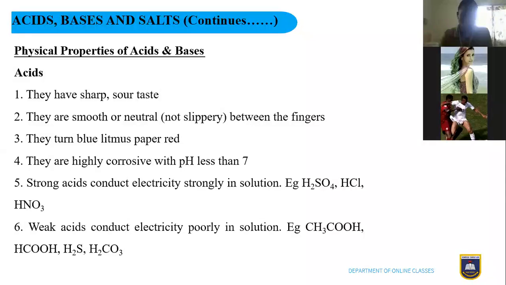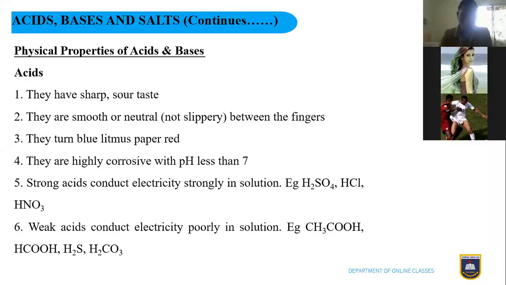Then use the bulb to touch the battery. You do that for a strong acid and for a weak acid. You see that the bulb will be brighter. The light will be brighter in the strong acid than in the weak acid.